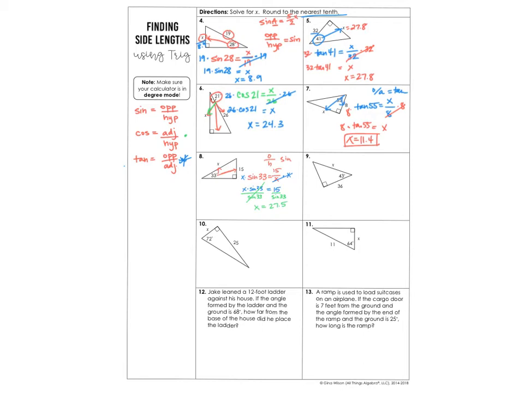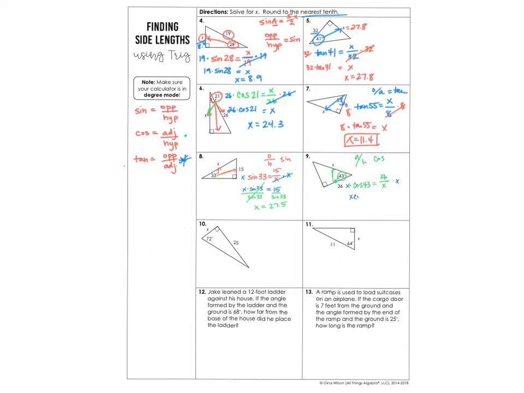Okay, so let's look at the next one. If we're looking at 43, it's giving us the adjacent and the hypotenuse. So that is cosine. So we're doing the cosine of 43 equals adjacent over hypotenuse. So adjacent is 36 over the hypotenuse, which is x. So if you get x on bottom, that's when you have to do the extra step. So we're going to multiply by x on both sides.